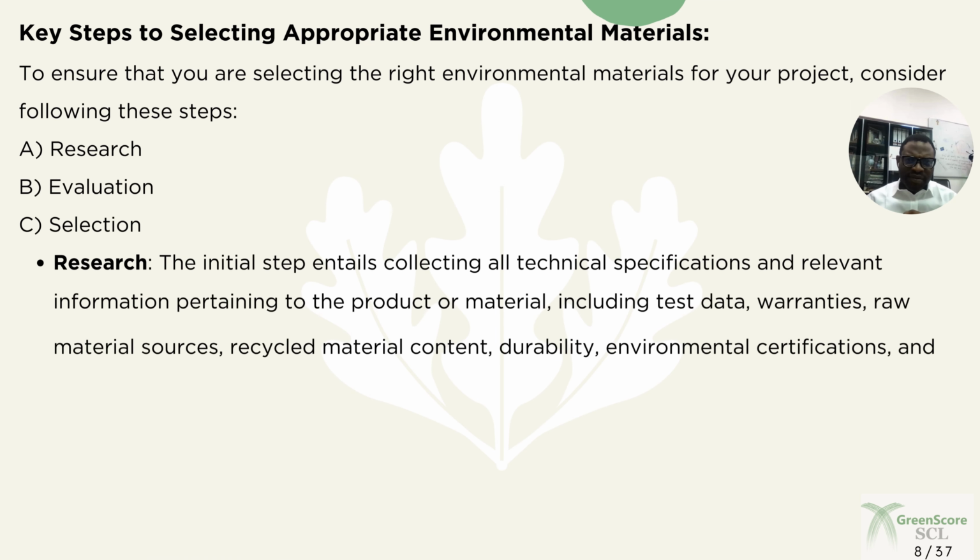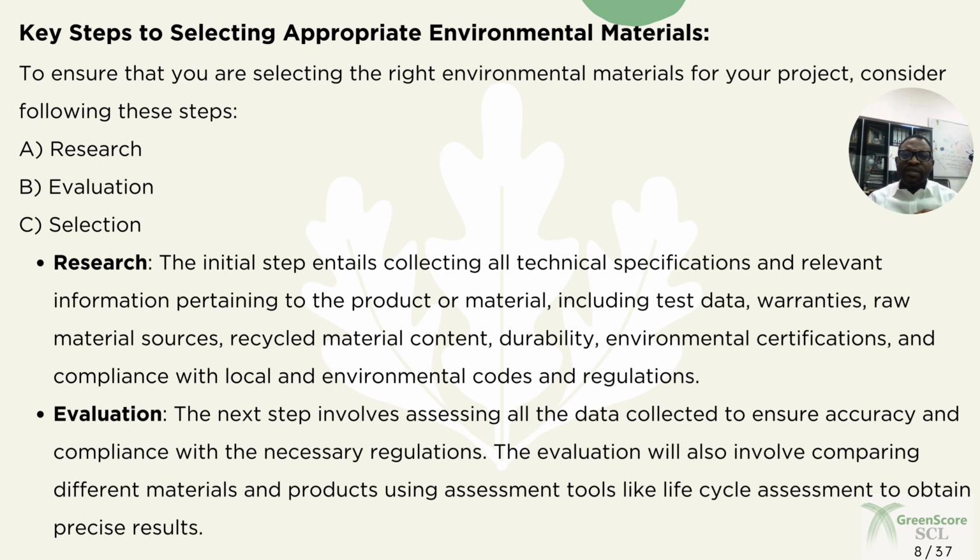But how do you do this? 1. Research. This is the step that involves collecting all the technical specification and relevant information concerning a particular product or material before you specify it. There are test data reports. There is warranty documentation.